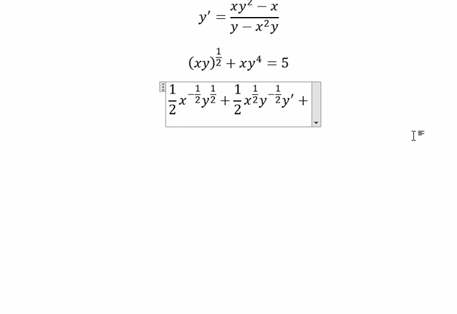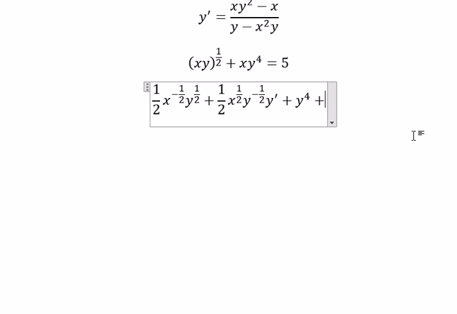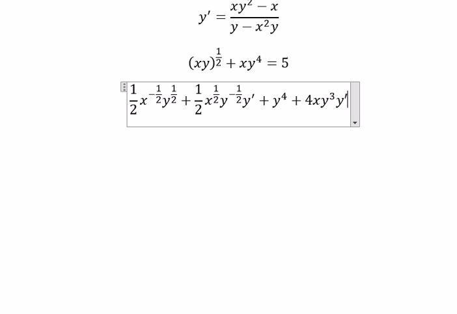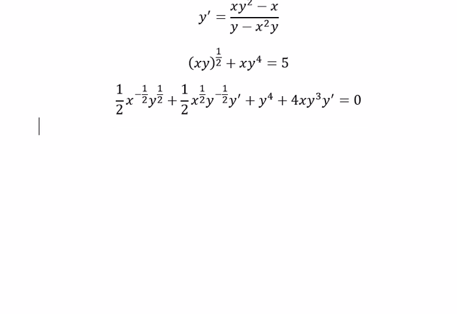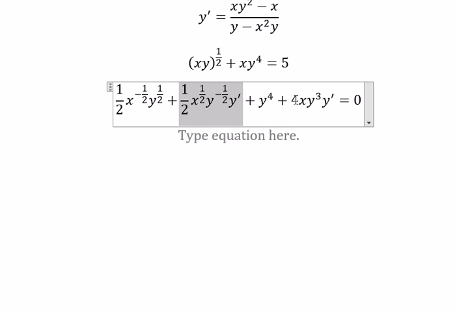The first derivative of x gives y to the power of 4. The first derivative of y to the power of 4 gives 4x y to the power of 3 multiplied by the first derivative of y. And the number 5, you change to the number 0 here. So we put this one and this one to the right.